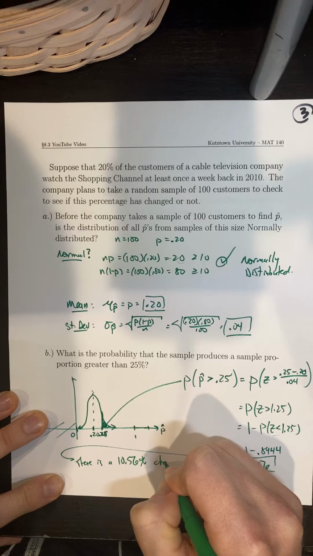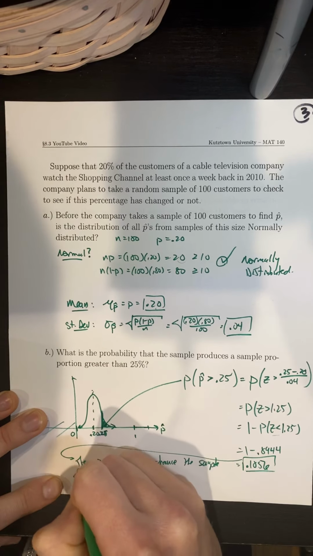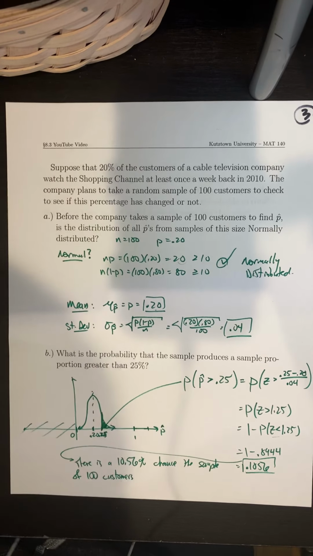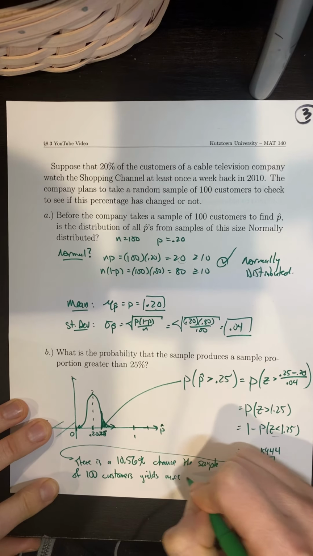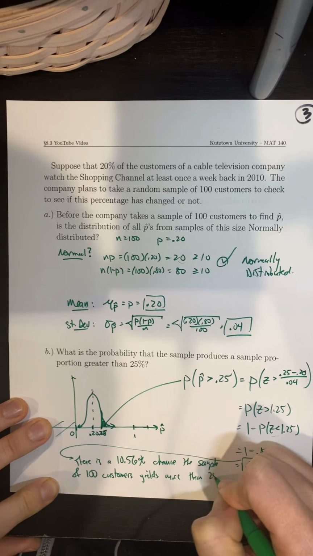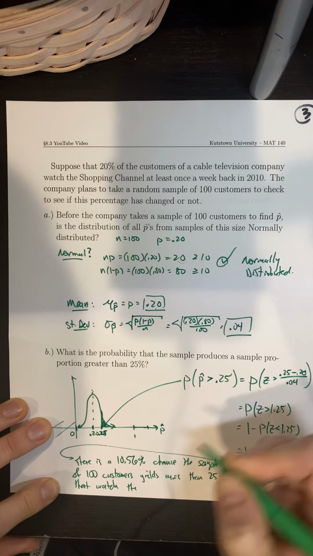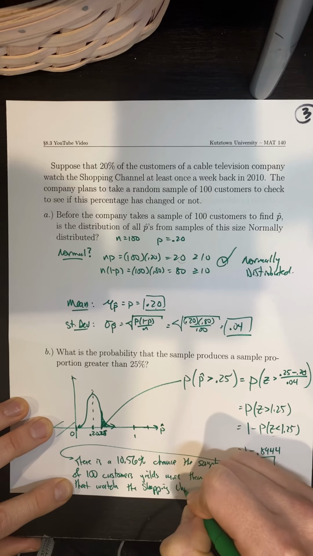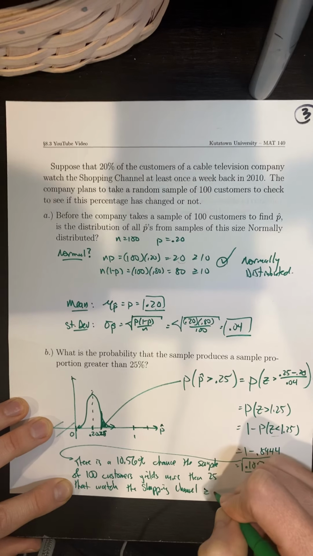So we can interpret this to mean there is a 10.56% chance the sample of 100 customers yields more than 25 that watch the shopping channel at least once a week.